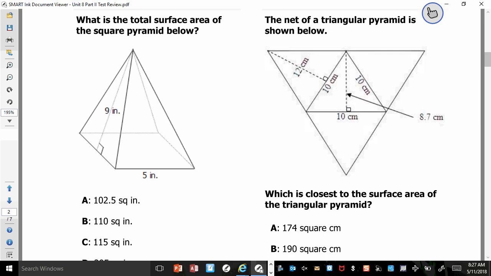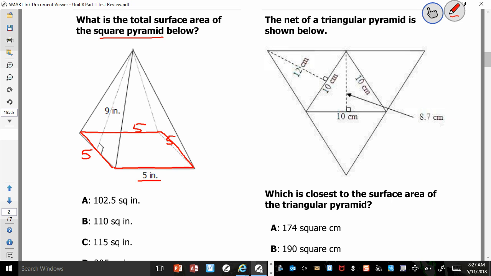All right. So what's the total surface area of the square pyramid? So square pyramid, boom, right there. It tells you that. So that means that this is 5. All sides got to be 5, right? Of the base. The base right here. Okay, so that's the base. So what's our formula? You guys got your formula sheet? What's our formula say? 1/2 LP plus big B. Is that right?